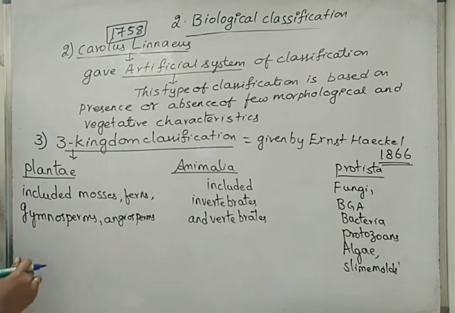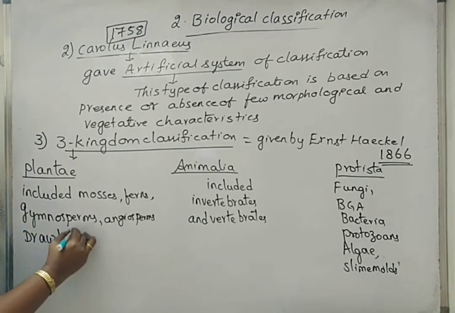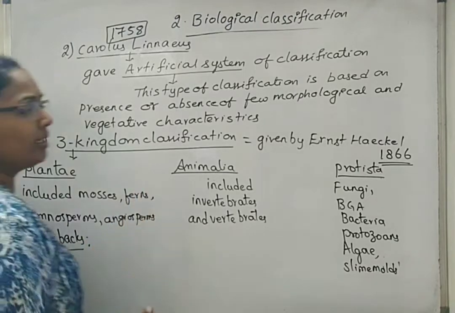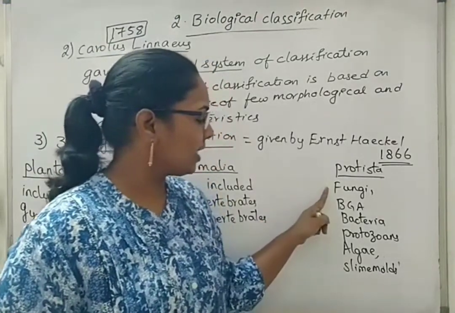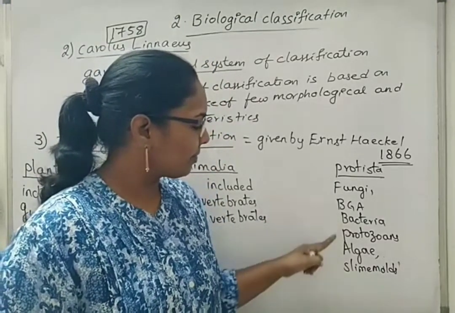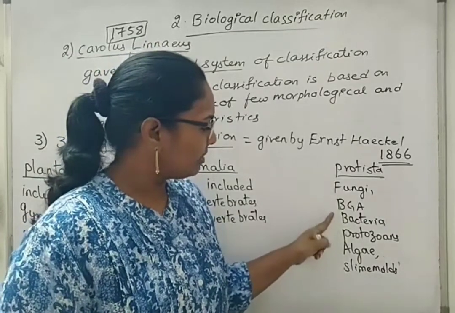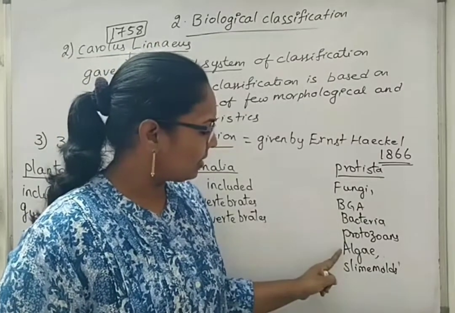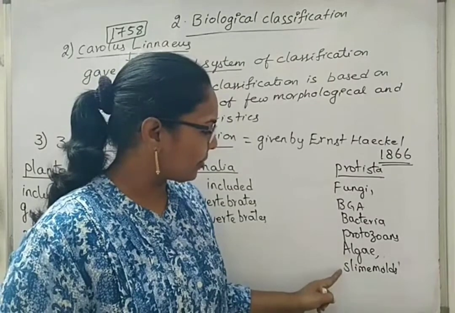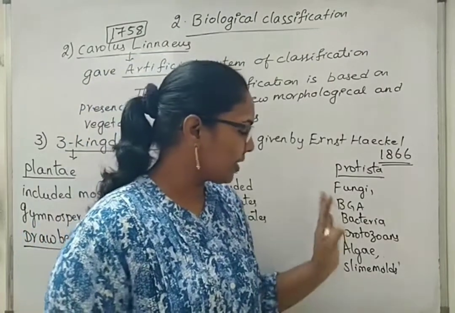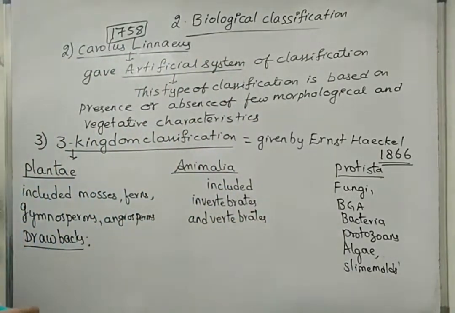Here in Ernest Haeckel's classification also there are some drawbacks. So what are those drawbacks? See here under Protista, this is multicellular, this is unicellular, and this is saprophyte, and these algae are autotrophs. Again, this is saprophyte. So all these are not differentiated and kept under only one kingdom.